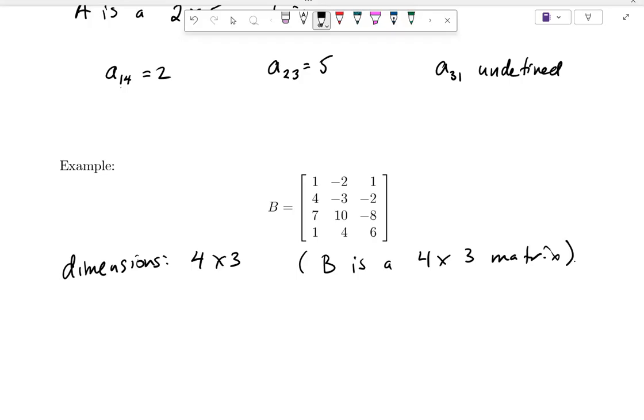If I ask you about some numbers in particular, if I want little b sub 2, 2, you would tell me it is negative 3, because again, we're looking at row 2, column 2, that one right there. If I asked you for b sub 3, 3, negative 8.